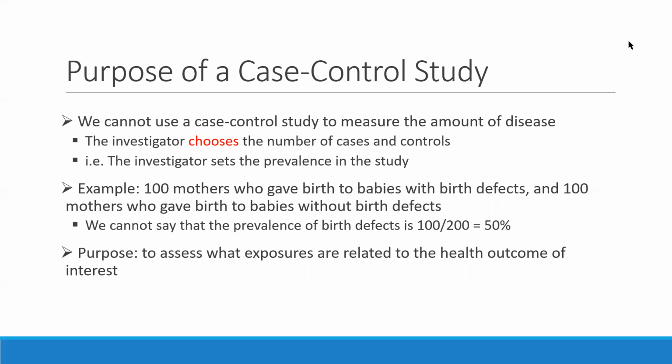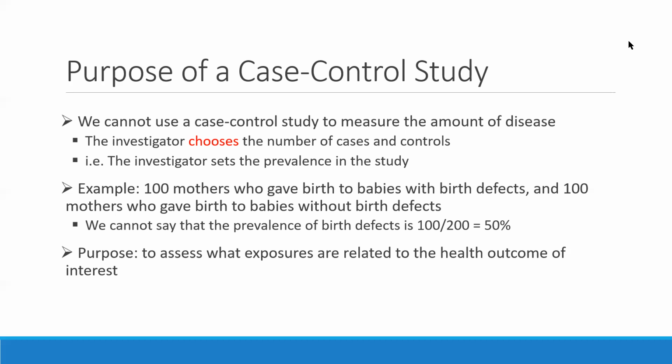So that's why, when you read case control studies, you will see people use odds and odds ratios rather than risk and risk ratios. I don't want to go into the math too deeply, but the odds is the number of people who have an outcome divided not by the total population, but by the number of people who don't have the outcome.